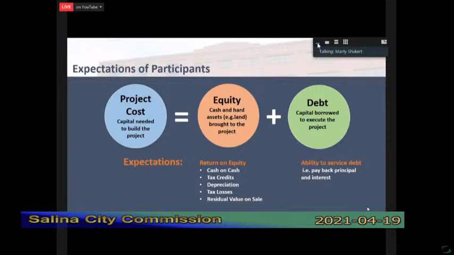Depreciation is another return on equity. If I am a part owner of a real estate venture, I can depreciate that over time. The project may actually increase in value, but I can still depreciate it as if it were property.